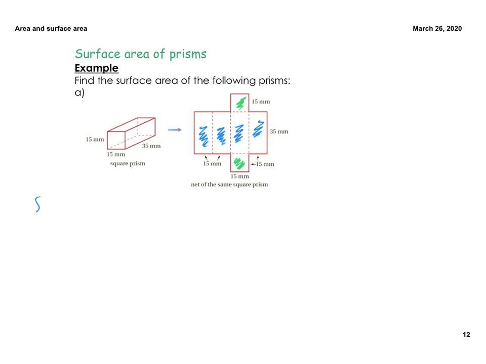So surface area equals, well, the green one, so 15 times 15. But of course there's 2 of them, so do that. That's 450. Let's put it in green. And of course we know the units. Plus, we also need to add the other 4 faces, which is 4 rectangles.